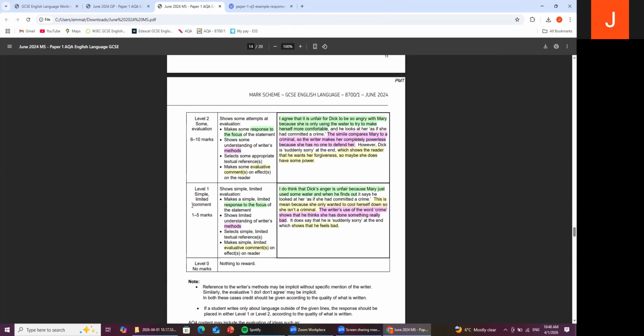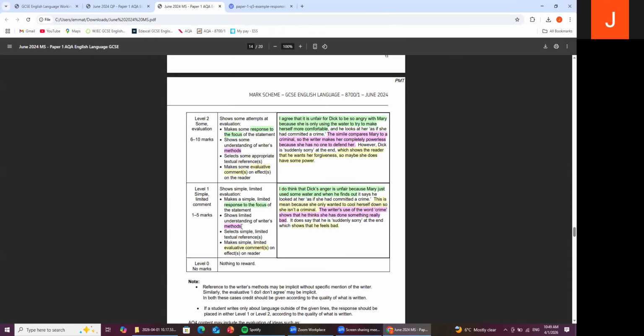So for a level 1 response, simple, limited comment, so 1 to 5 marks. And again, you can see the words in here. It shows simple, limited evaluation, makes a simple, limited response to the focus of the statement. It shows limited understanding of the writer's methods.